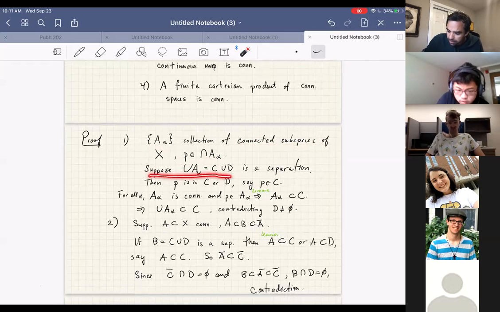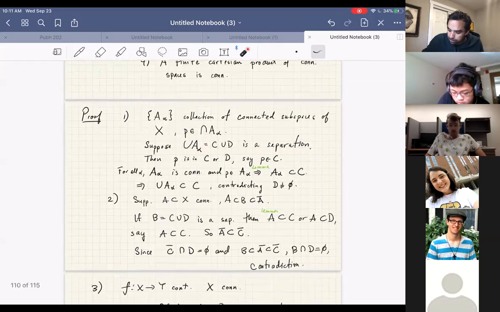Suppose we have a separation, and let's get to a contradiction. Let's explain why this leads to a contradiction. Suppose you have a separation of the union in terms of two subspaces C and D. By definition C and D are disjoint because it's a separation.